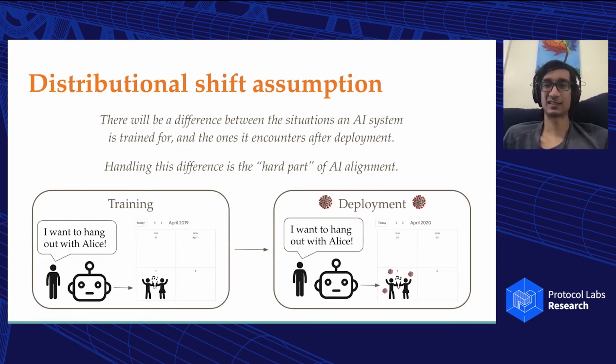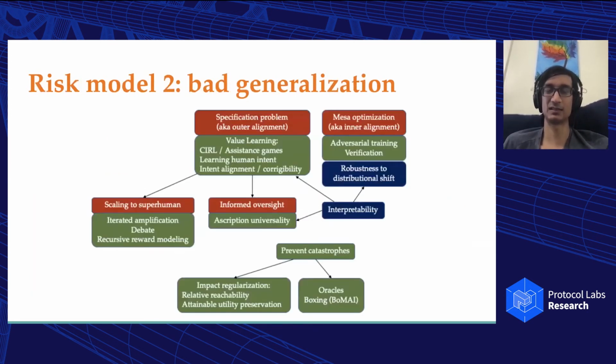All right, so that brings me to the second risk model for deep learning, which is bad generalization. Which roughly means, well, it's just sort of obvious, I guess: your AI system performed well, by which I mean it got the right outcomes in the training distribution, but then when you move to a test distribution, it stopped doing that, and instead did something that caused an existential catastrophe.